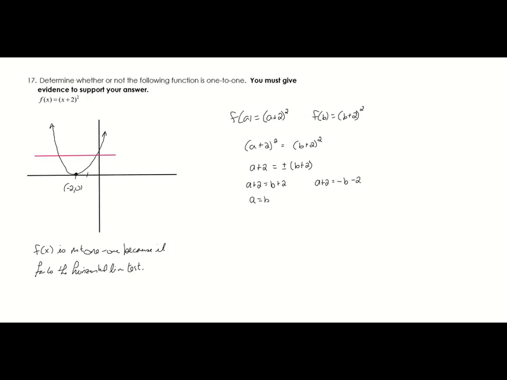But solving the equation on the right for a gives us a is equal to minus b subtract 4. So we see that there are 2 different values that give us back the same y value, a and minus b minus 4. So we can again conclude that f of x is not one-to-one.